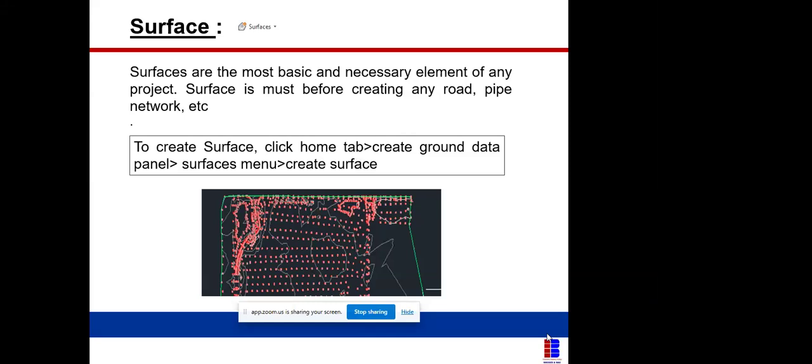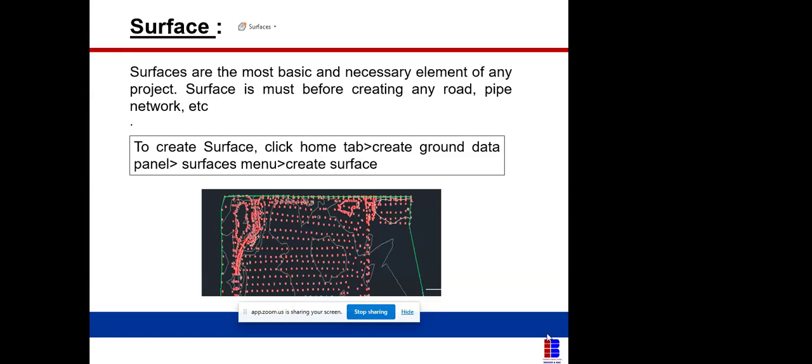That surface entails the area the surveyor covered when he goes to site to carry out his detailed topographic survey. The surface will be built around the TBMs, the temporary benchmarks established on site.